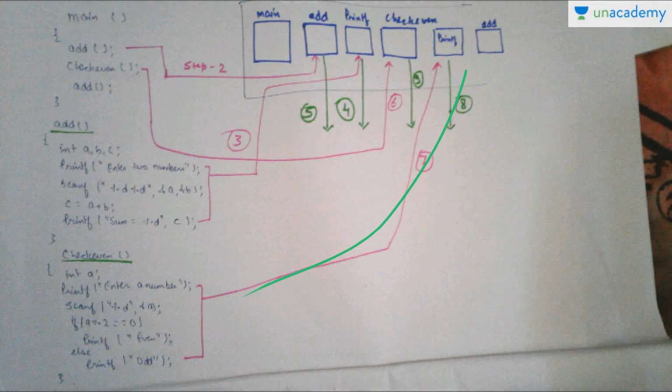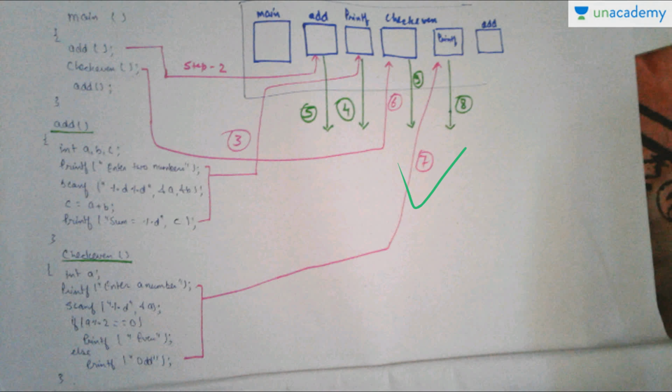When printf finishes its job, it will be released from the RAM, and the control will move to the check even function, and when check even function has finished its job, it will also be released from the RAM.